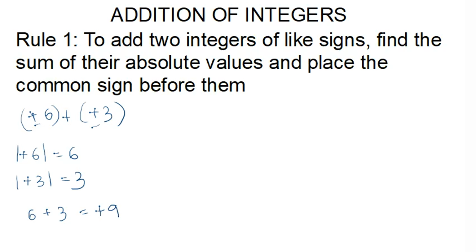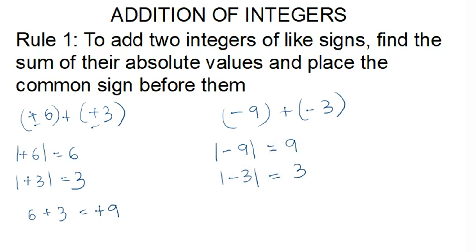When we try it with negative integers, it will make even better sense. So see here, I'm taking another example. I'm going to add minus 9 plus minus 3. What is our first step? We have to find the absolute values of the numbers. The absolute value of minus 9 is 9 and the absolute value of minus 3 is 3.